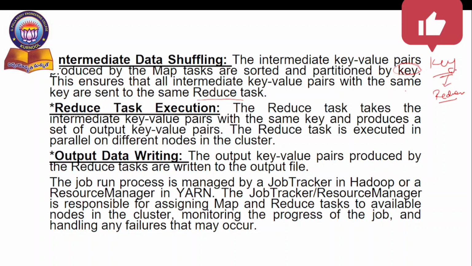So based on the number of keys, we'll select the number of reducers. Now, reduce task execution. The reduce task takes the intermediate key value pairs with the same key that has been defined here and produces the set of output key value pairs. The reduce task is executed in parallel on different nodes in the cluster, same as with the mapper.